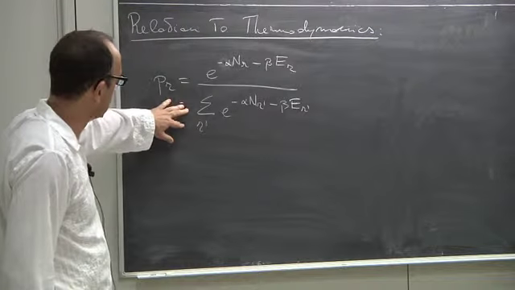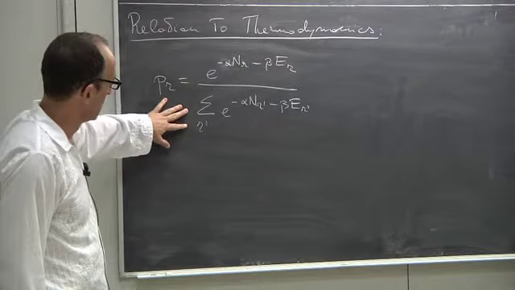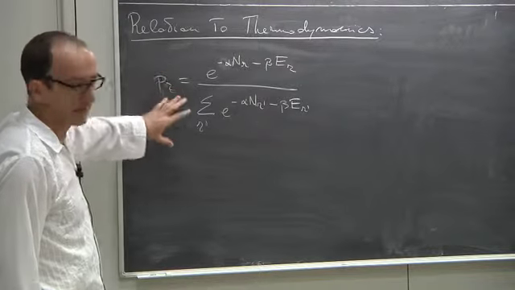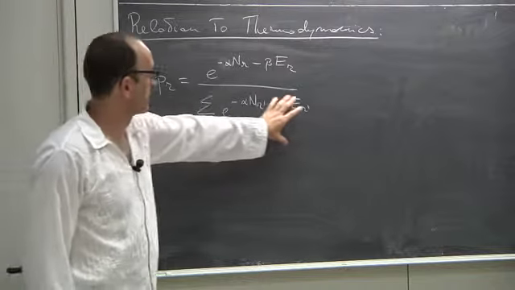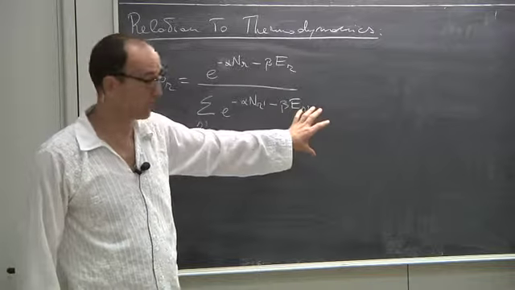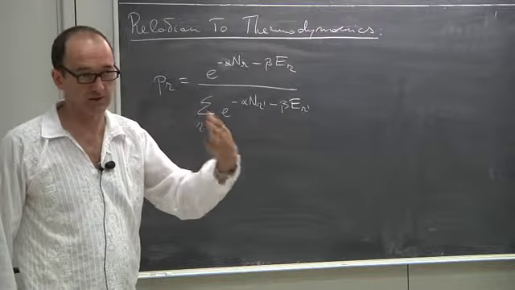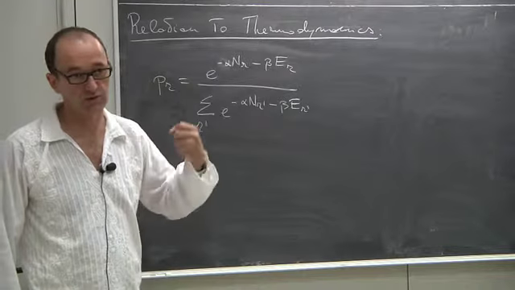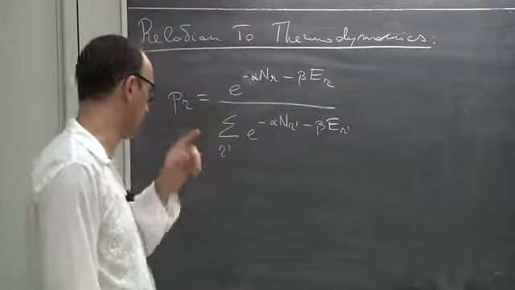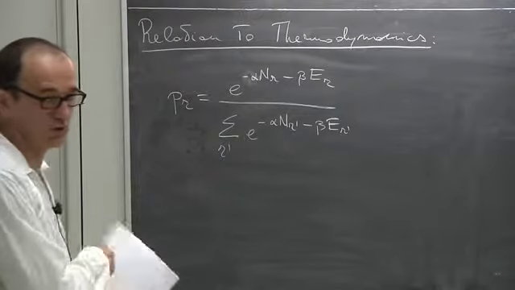Now, we have seen that in the canonical ensemble, what we had at the denominator was the partition function, which was playing the role of the number of microstates. So if I took the log of this, then that was related to the thermodynamic potential. Okay, so let's do the same thing.